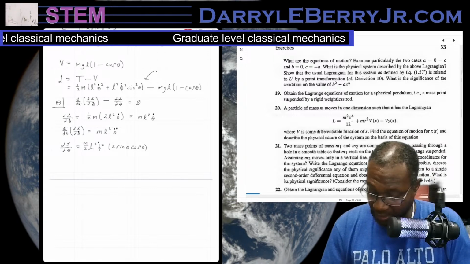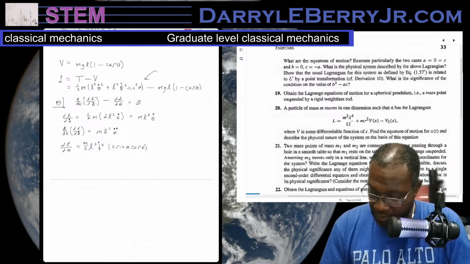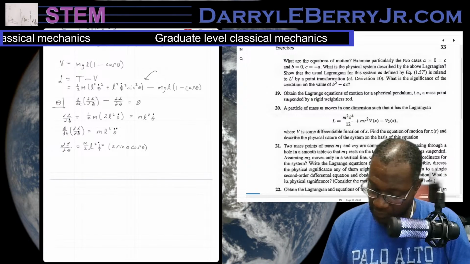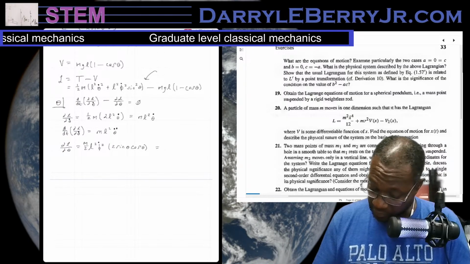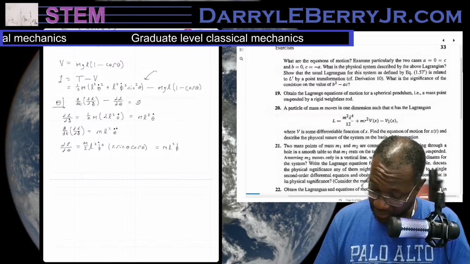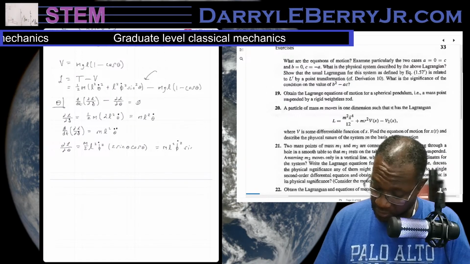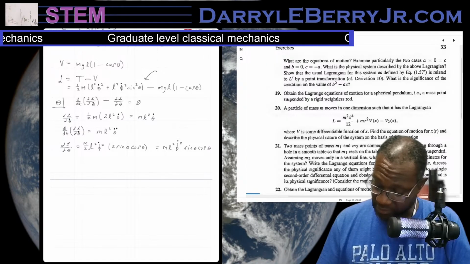So 1/2 m L squared phi dot squared 2 sine theta cosine theta equals m L squared phi dot squared sine theta cosine theta.